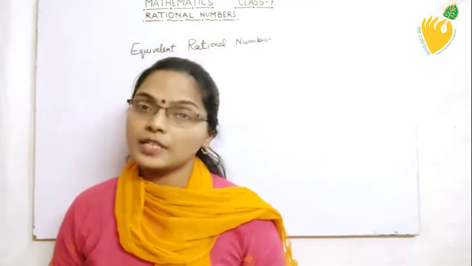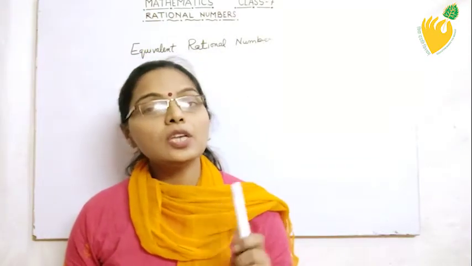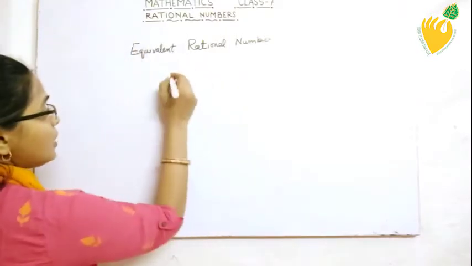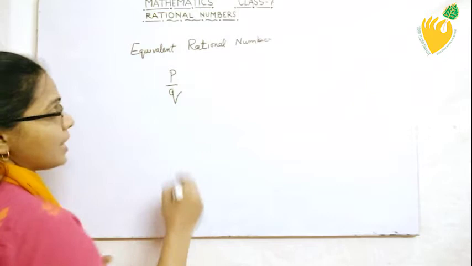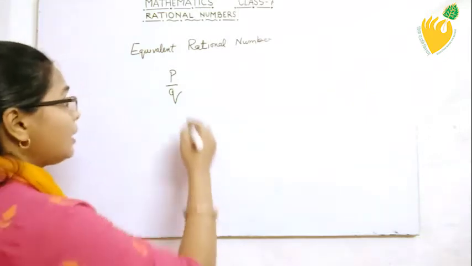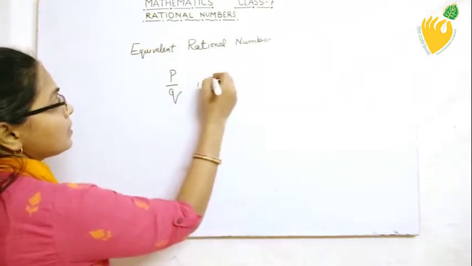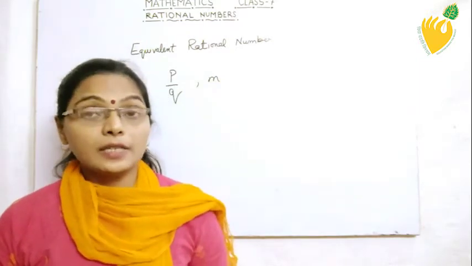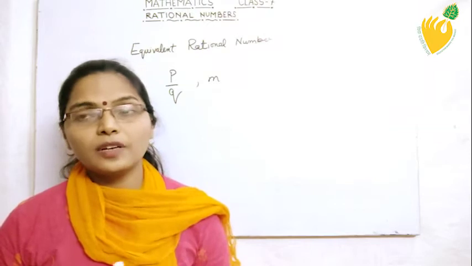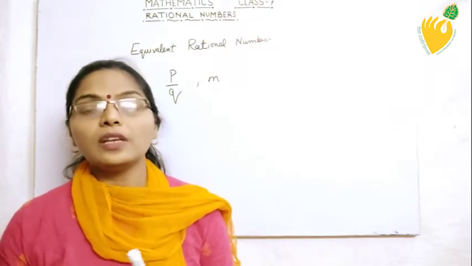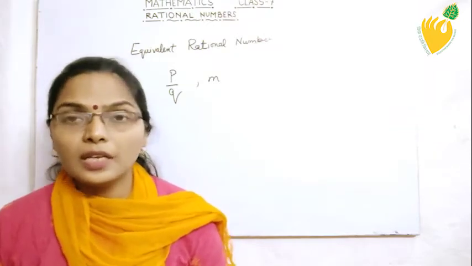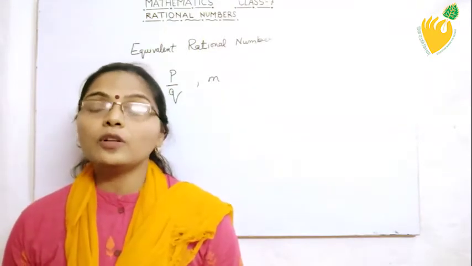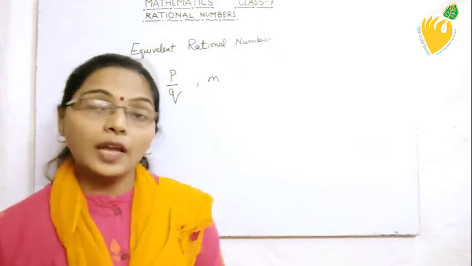If p upon q is a rational number and m is a non-zero integer, then what is this, students? p upon q is a rational number and m is a what? Non-zero integer, means it is not zero, it is 1, minus 2, minus 3, plus 22, any integer, non-zero integer. Then p upon q must be equal to p upon q into m upon m.